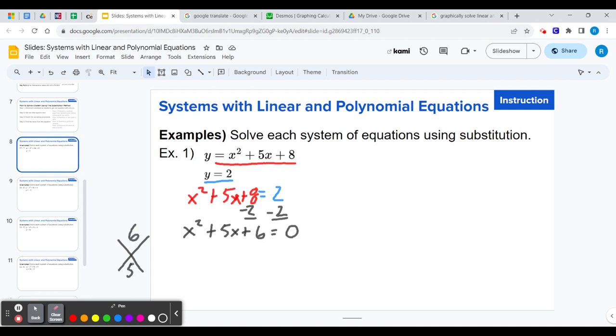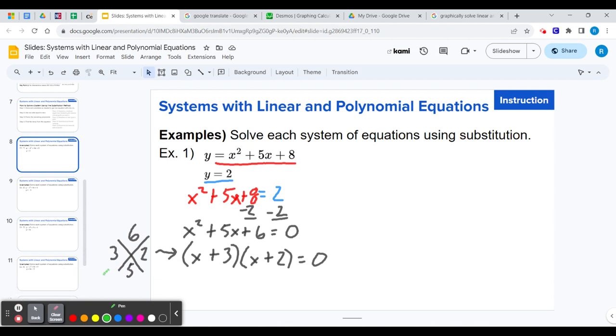We're multiplying to 6 and adding up to 5. 3 and 2 is a good combination. So we get a factored form of (x plus 3)(x plus 2) equals 0. The value of setting that equal to 0 is that we can find the zeros of the polynomial and get our two different values of x.